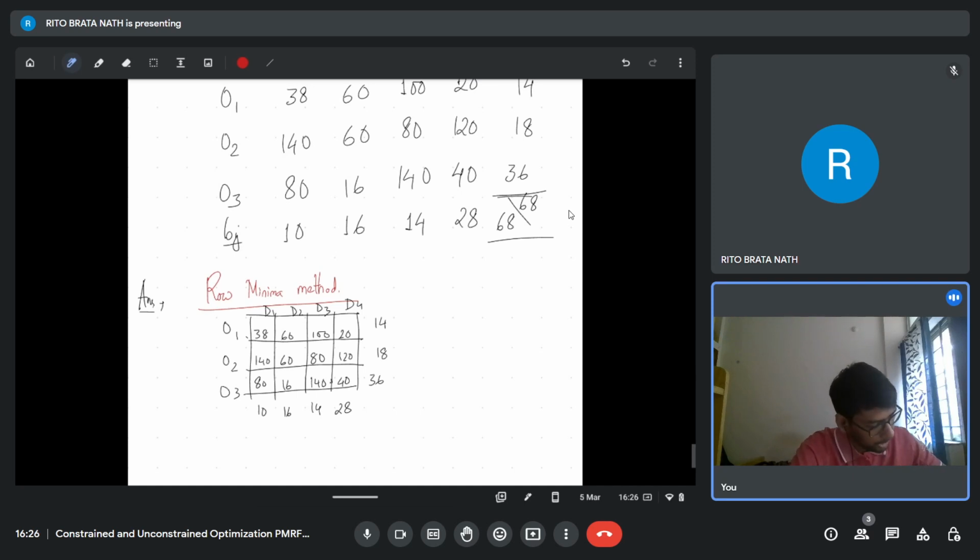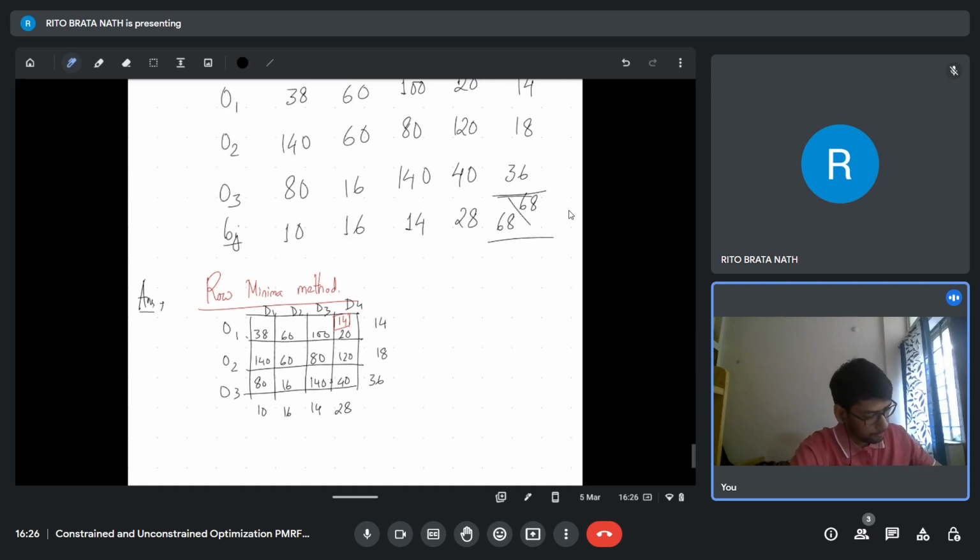So let's allocate 14 here. So that means in row 1, or origin 1, you cannot allocate anything else. So let's delete that row and you'll be left with the last two rows, right?